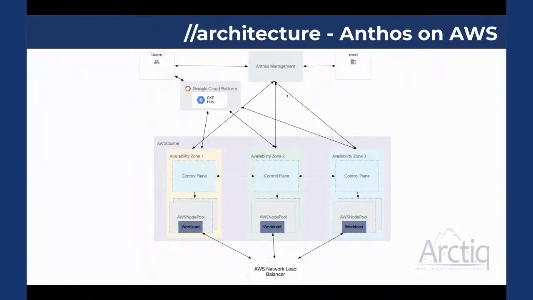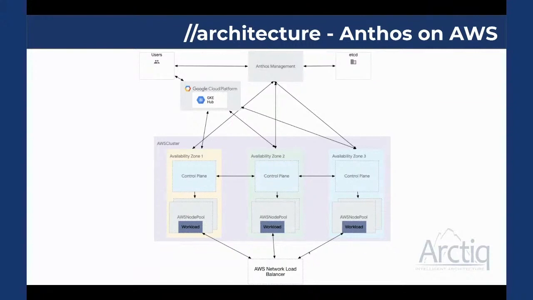The Anthos management cluster, on the other hand, is where you can deploy your AWS clusters and also do installations and updates as well. And you can spin up other AWS clusters from the same management cluster. And also AWS Network Load Balancer is in the architecture because it is fully integrated with your AWS cluster.